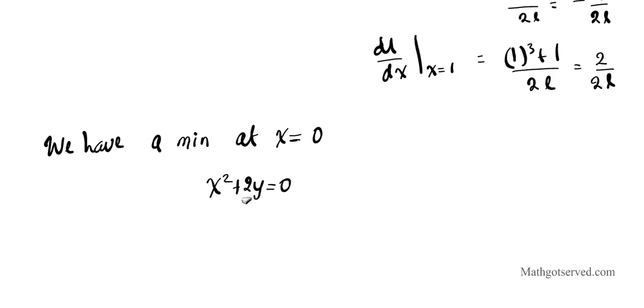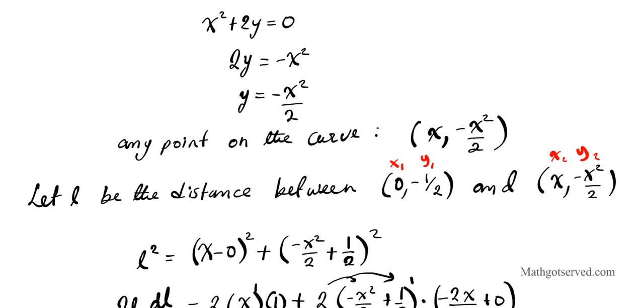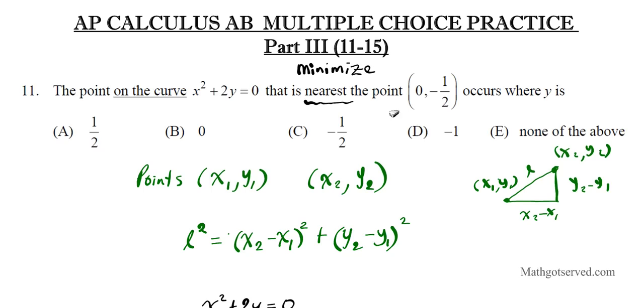We could have used the coordinate that I generated earlier, which would be quicker, but let's just use this. We have 0 squared plus 2y equals 0. We can clearly see that y is equal to 0. So this is where you have the minimum distance between the curve and the point 0, comma negative 1.5. So the answer is option letter B.